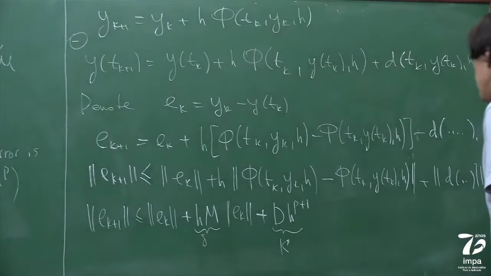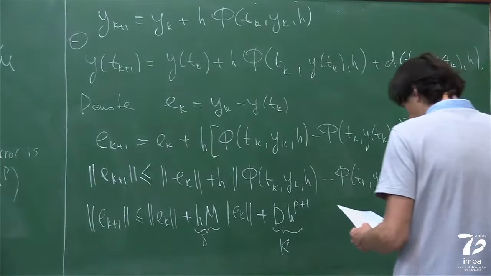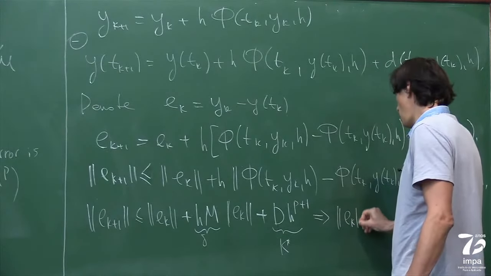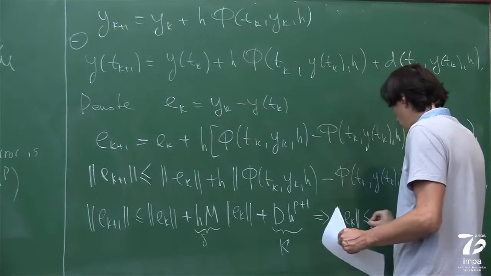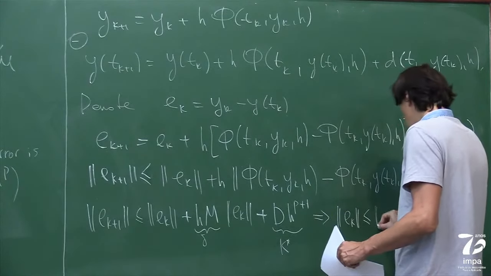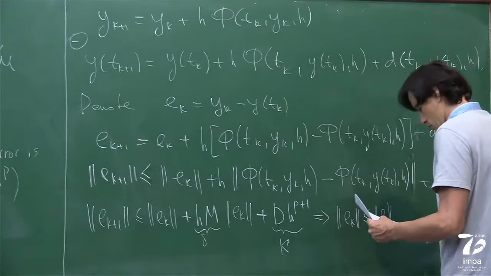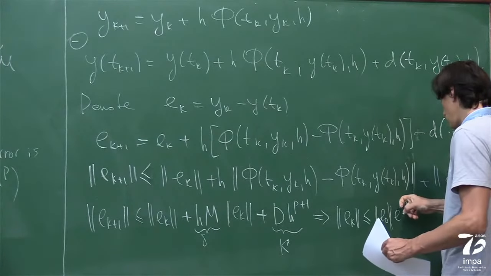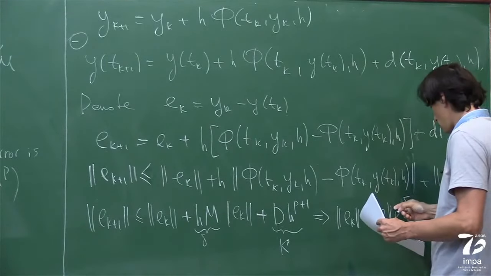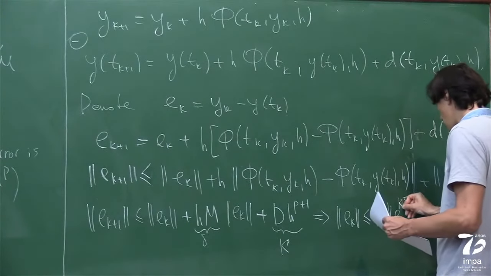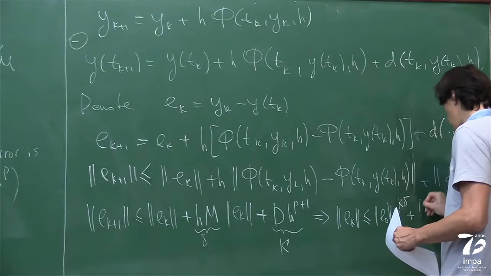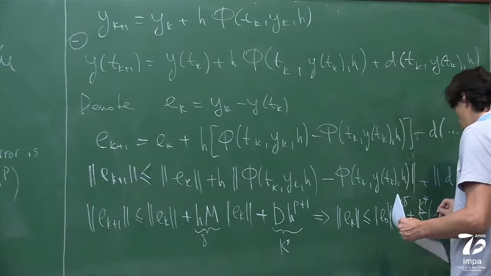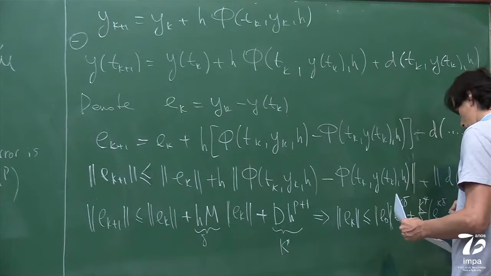So from this we can always write that e_k is smaller or equal than E_0 exponent k delta, plus k star over delta times (e^{k delta} minus 1).